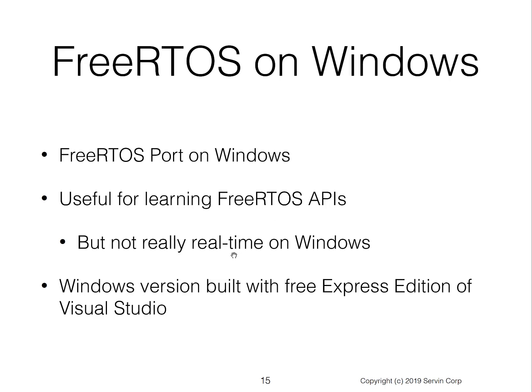It's real time enough. And then, of course, when you run it on real hardware, you'll be familiar with the APIs. The Windows version is built using an express version of Visual Studio. That is, you don't have to pay anything. You can download the free-to-use Visual Studio and run the simulator on that.